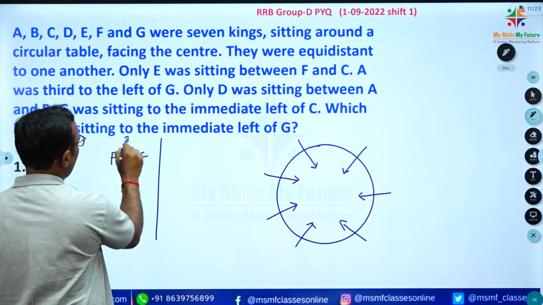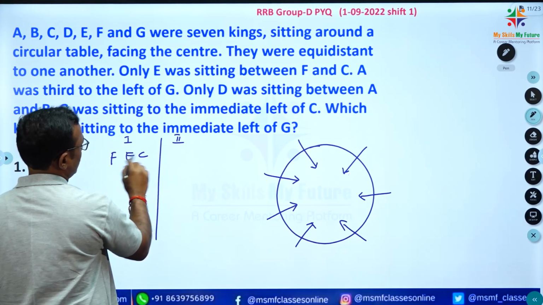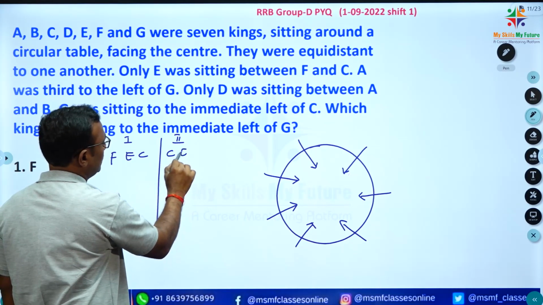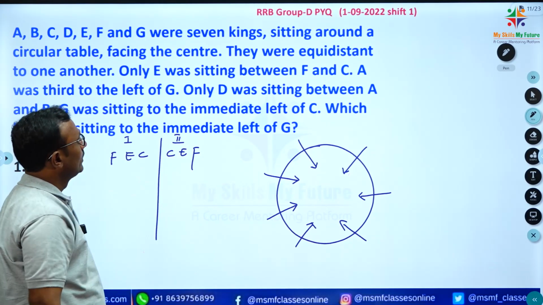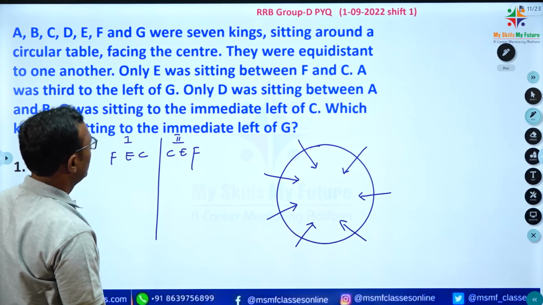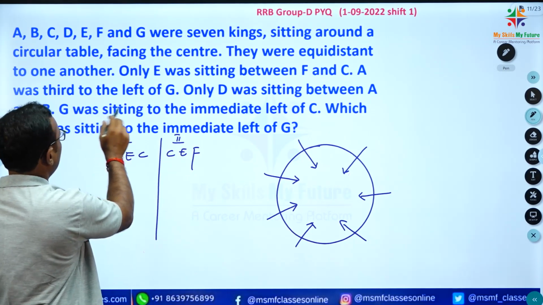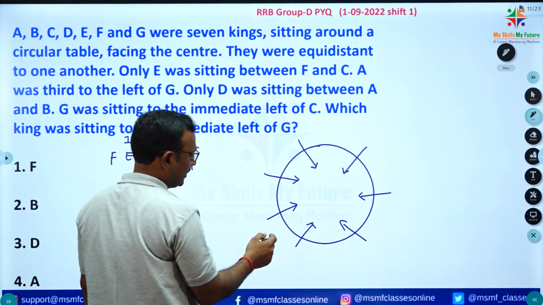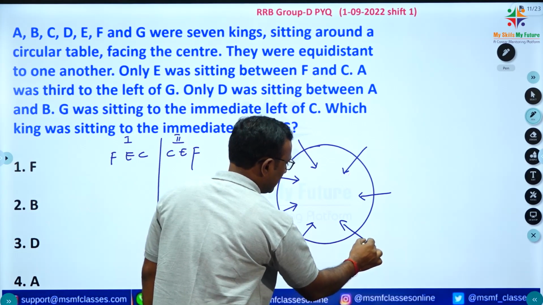We get two possibilities: one is this possibility and the other one is this possibility. A was thought to the left of G. So we can allot A here.